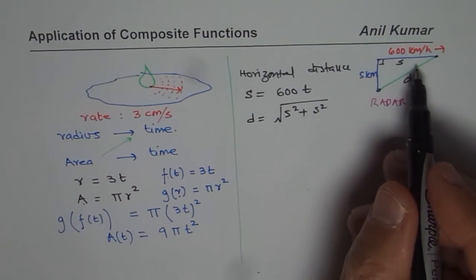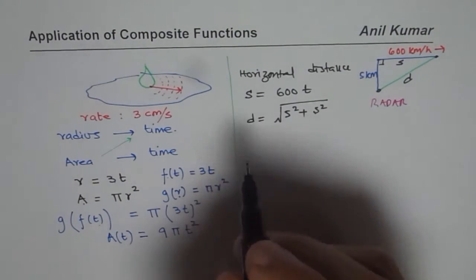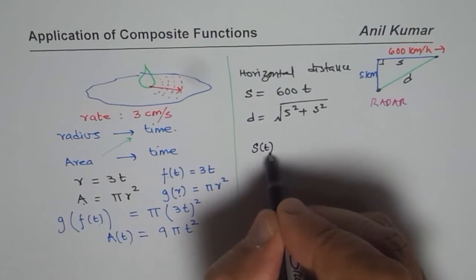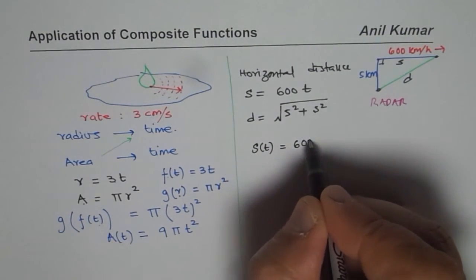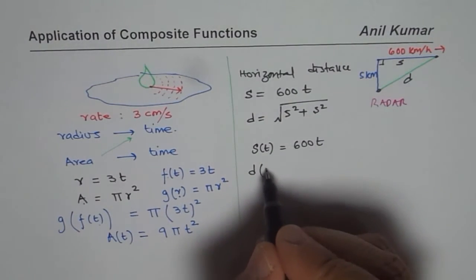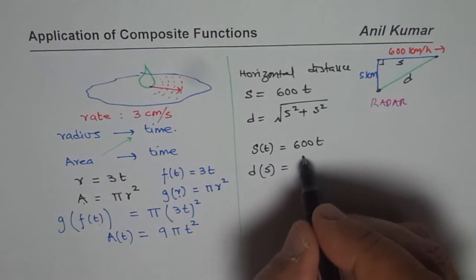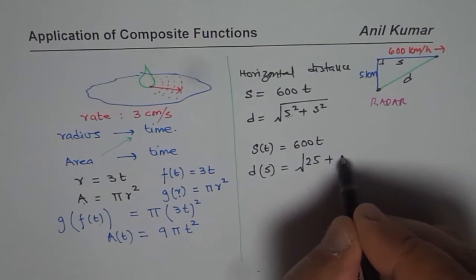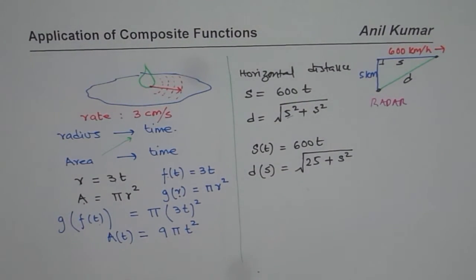If I have to introduce functions, then I can write s as a function: s in terms of t can be written as 600t. And distance in terms of s can be written as square root of 5 square, which is 25, plus s square.